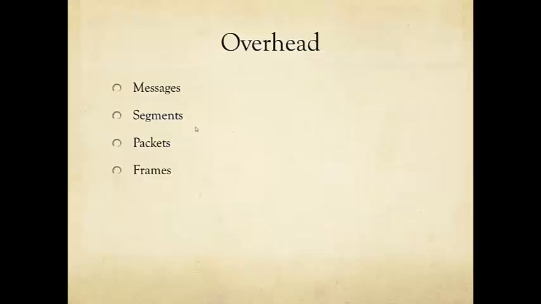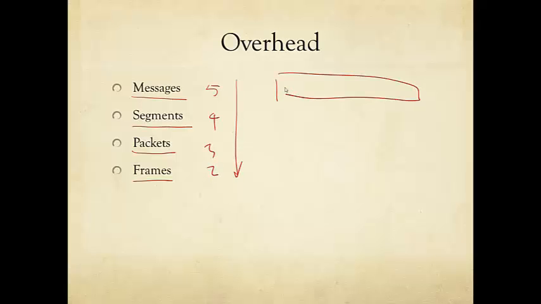Each layer actually introduces overhead. At the top layer, your information is chopped up into units called messages, then at the transport layer, chopped up into segments, and then each segment is chopped into packets in the IP protocol, and then into frames in the link layer. So as we go from layers 5, 4, 3, 2 down, we chop them up and then chop them up further.